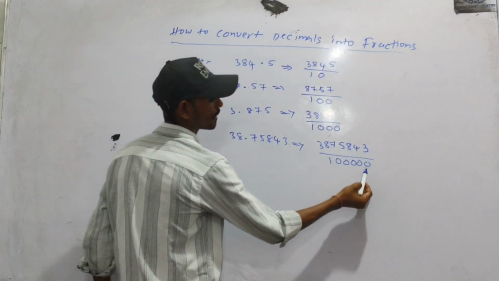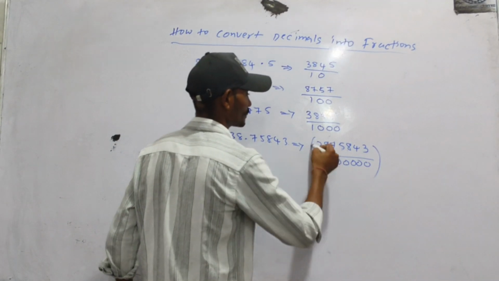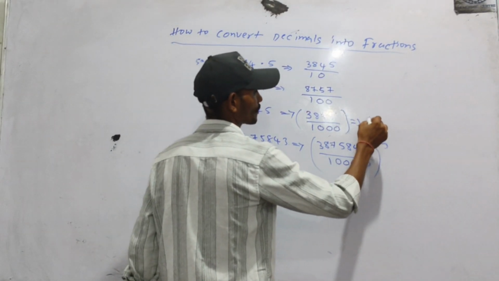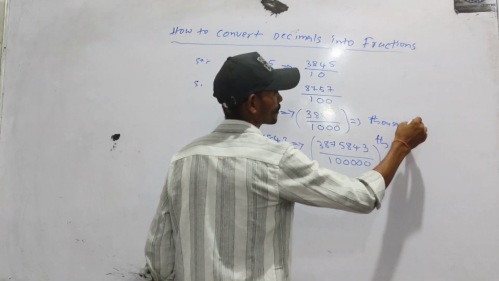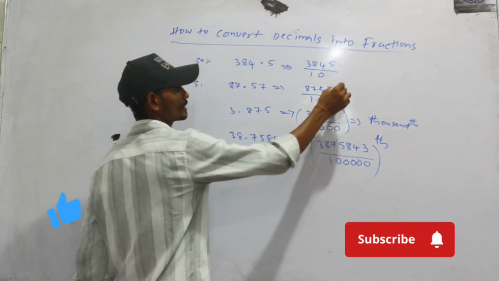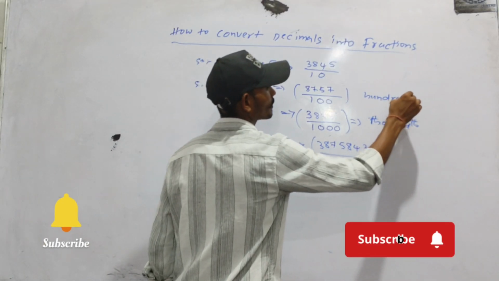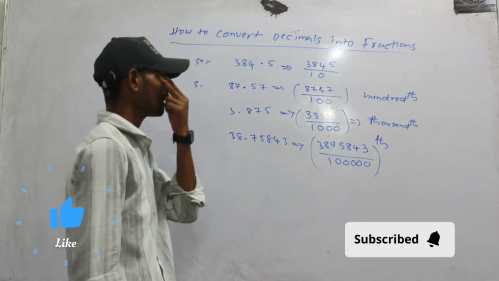So it is ones, tens, hundreds, thousands, ten thousands, lakhs. This is the lakhs part, the hundred thousandth part. This is the thousandth part.